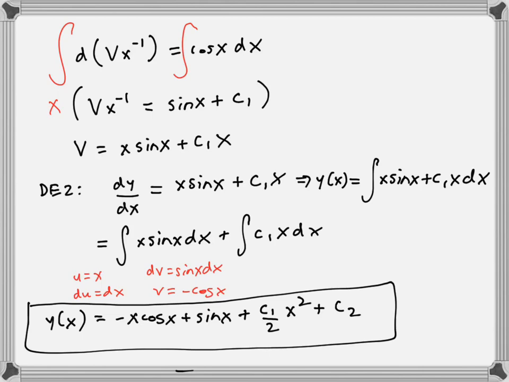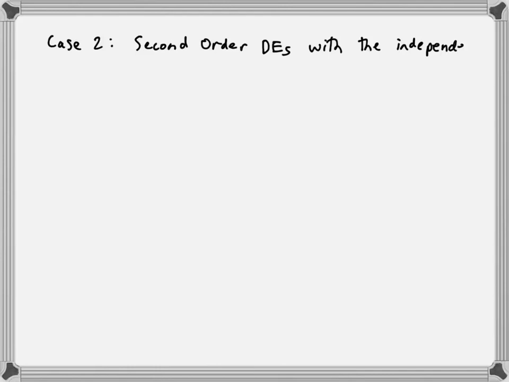Let's talk about case number 2, because I mentioned that in this section we were going to learn 2 different techniques, okay? So case 2 is going to be second order differential equations with the independent variable missing.